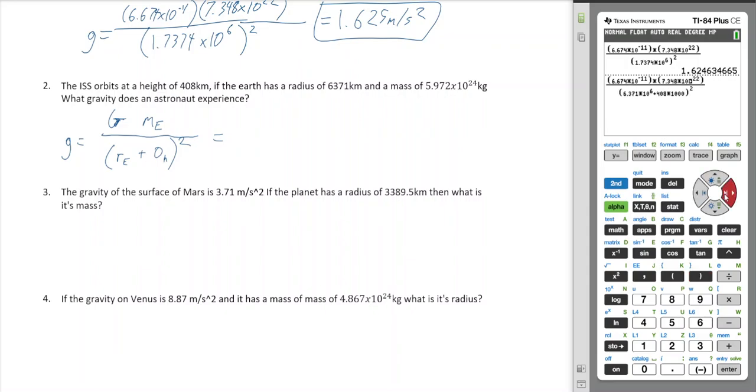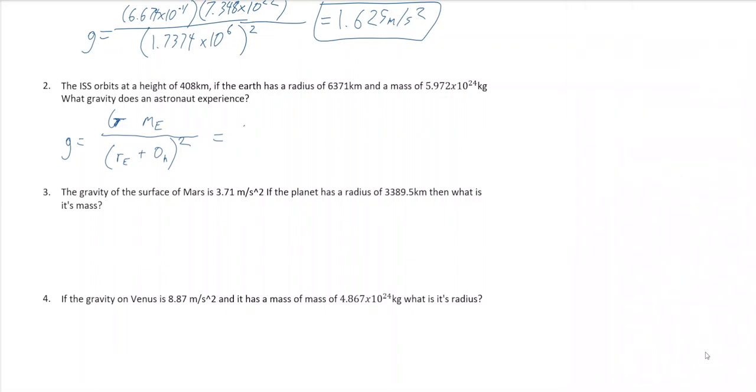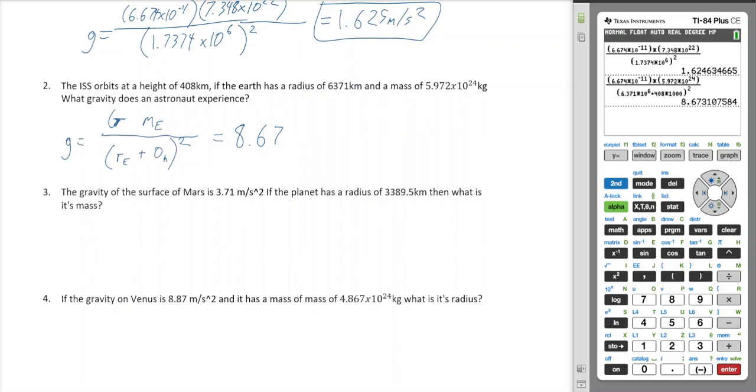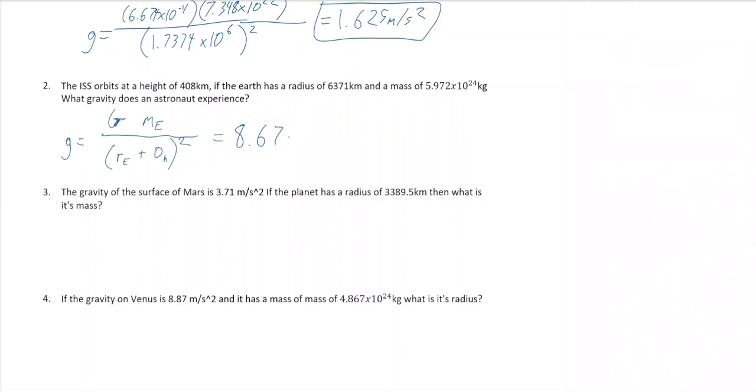And then we're going to change this to be times 10 to the 24 and 5.972. Probably would have been easier if I just retyped the whole thing, hey? But anyways, I went back and adjusted everything. I believe this is correct now. So the gravity that an astronaut experiences on the ISS is 8.67. We're just going to leave it there.